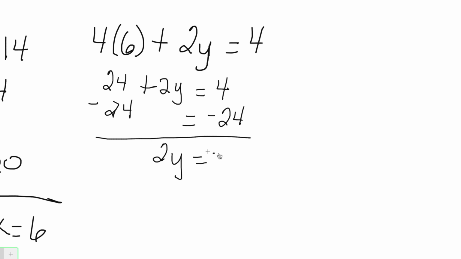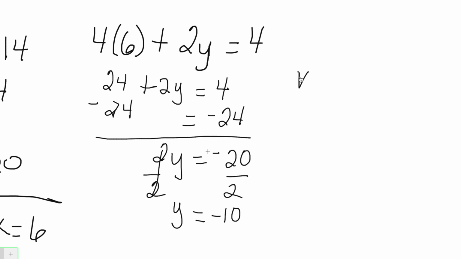That is negative 20. Divide by 2 to isolate my y. We know this is 1, but we don't write 1y. And negative 20 over 2 is negative 10. So that means x equals 6 and y equals negative 10.